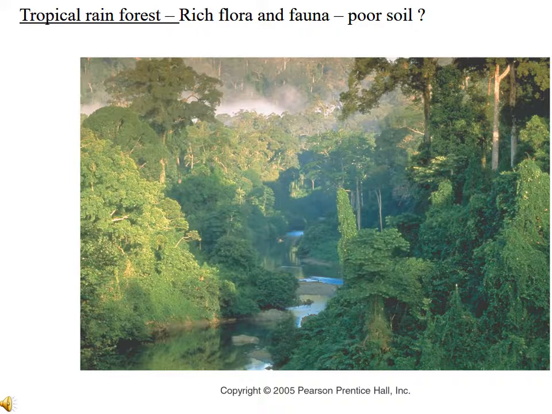Now we look at the tropical rainforest. The tropical rainforest is extremely rich in flora and fauna, but it has poor soil. And you may ask, why would it have such poor soil when it is so rich with respect to the diverse plants and animals?